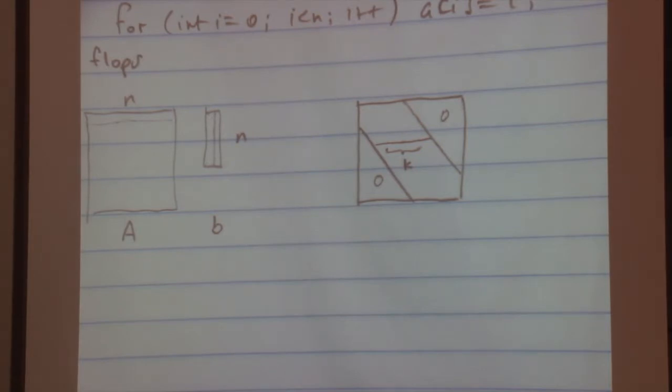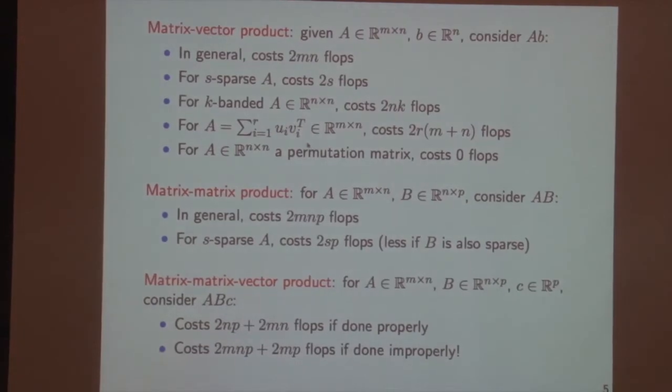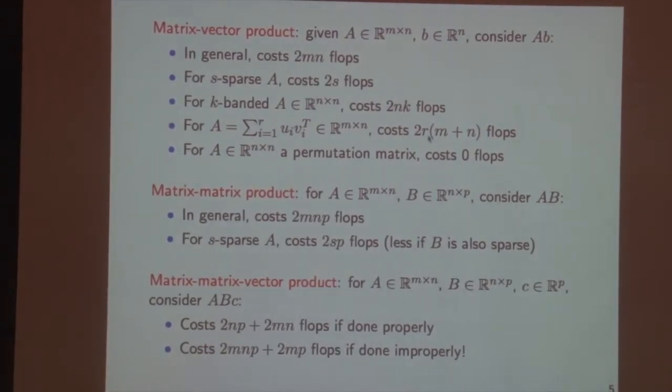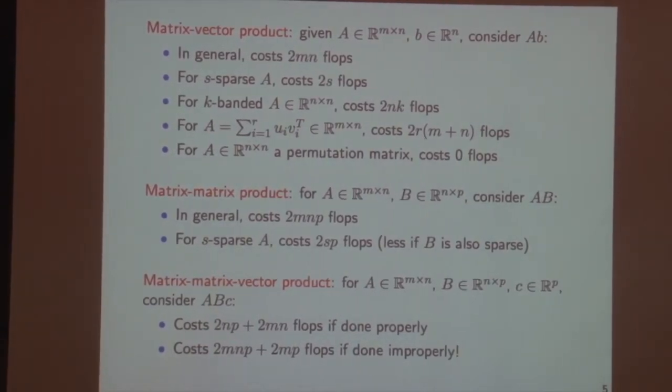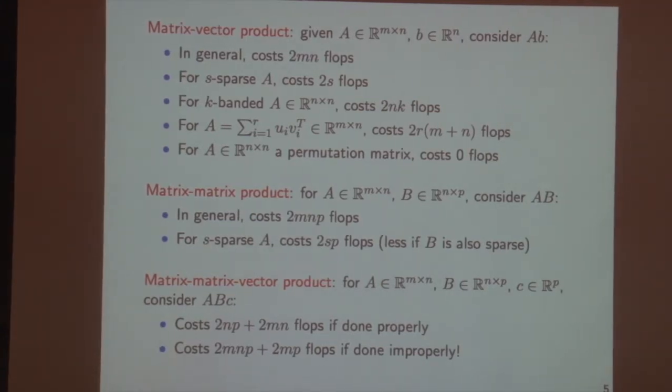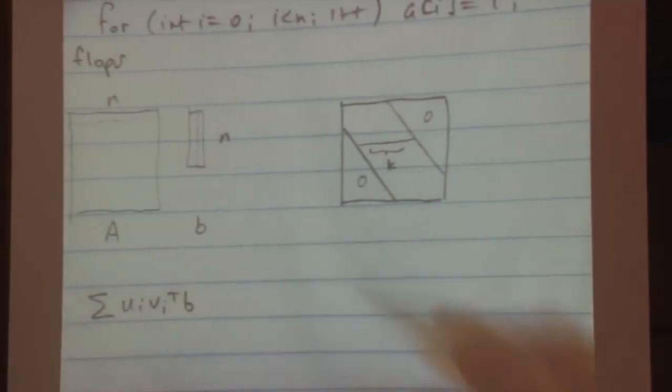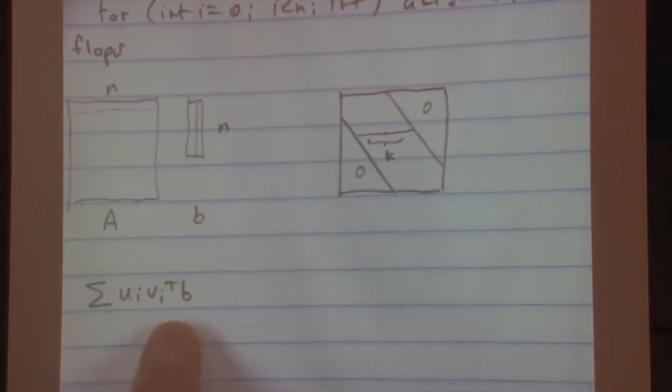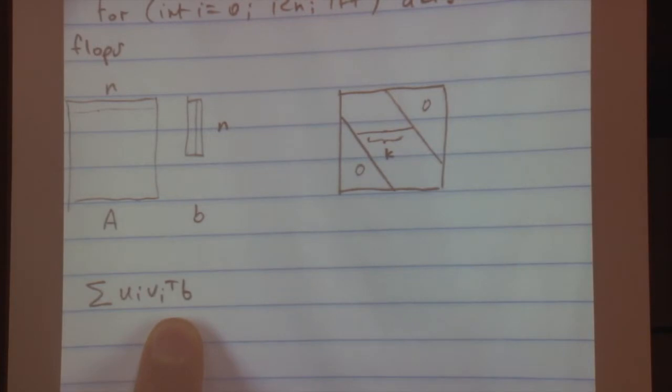If we could factor A as a sum of rank 1 matrices, and there are r of them, that means that A has rank r, then multiplying A by the vector B costs 2 times r times m plus n flops. You can see this in a couple of ways. The first way is as follows. How expensive is it to do this inner product, Vi transpose B?